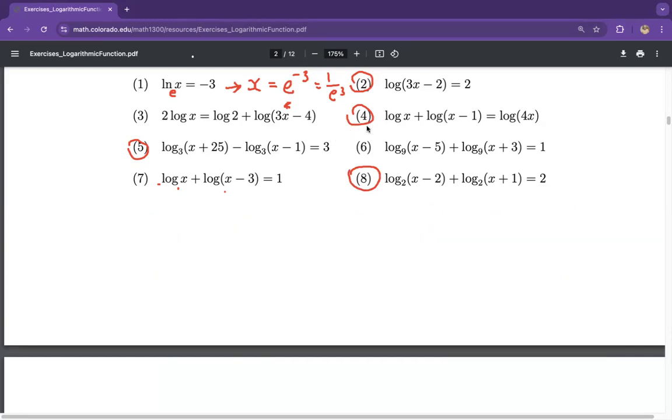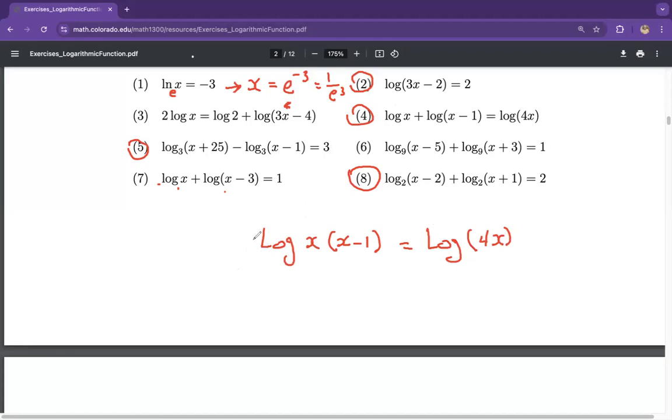So again, number 4, you both got the right answer, but your answers differed a little bit. So I'm going to do number 4 as the final one that we're going to do today. For number 4, you combine the 2 logs on the left-hand side. So that's log x times x minus 1 equals log 4x.